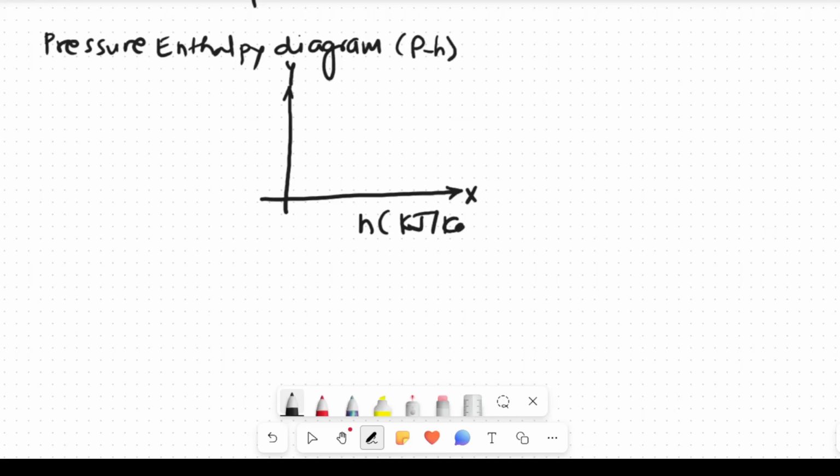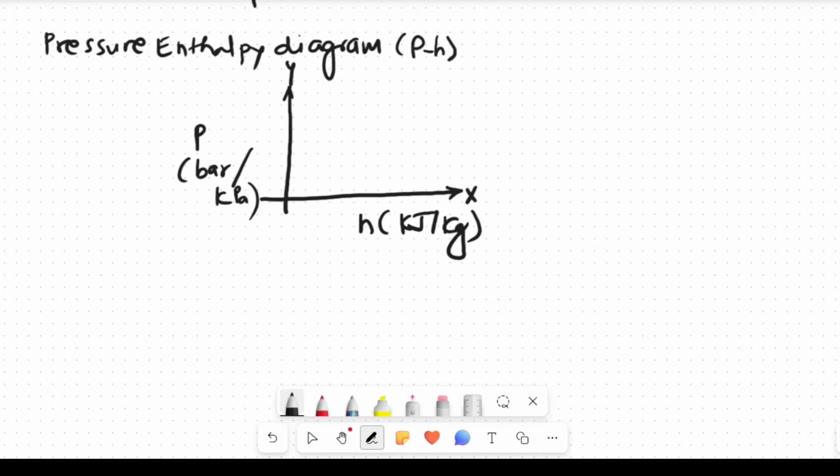The pressure enthalpy diagram, called the pH diagram, is a graphical plot with two axes, x-axis and y-axis. On the x-axis, the enthalpy is given in kilojoule per kilogram, and on the y-axis we have the pressure, which is given in bar or kilopascal.